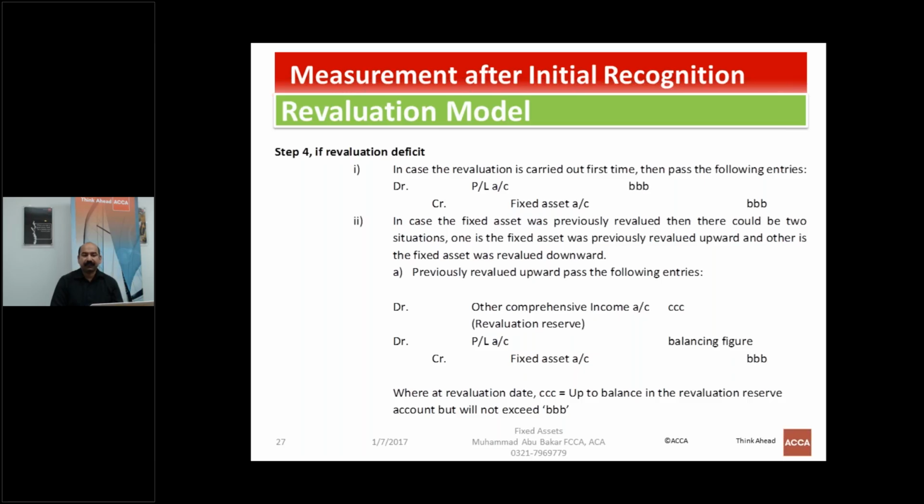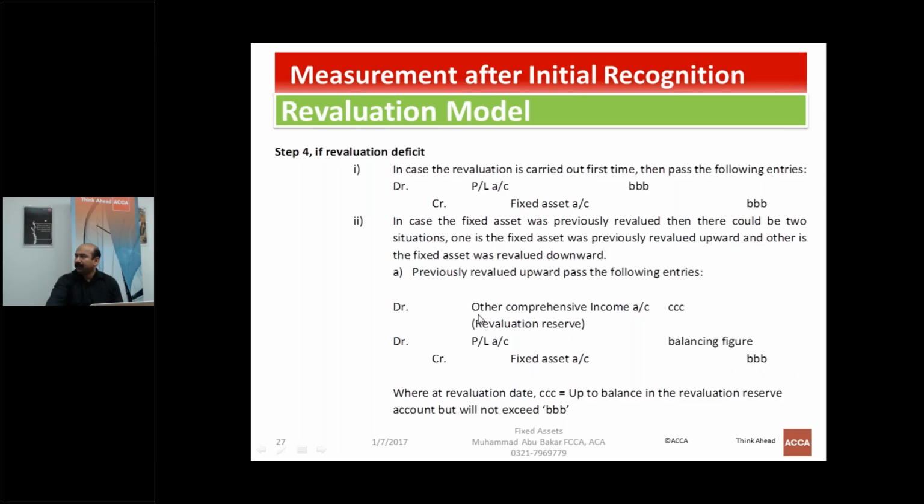In case the fixed asset was previously revalued, there could be two situations. One is the fixed asset was previously revalued upward, other is the fixed asset was revalued downward. Previously revalued upward, pass the following journal entry: other comprehensive income debit, and profit and loss account credit, and credit fixed asset with the total amount.